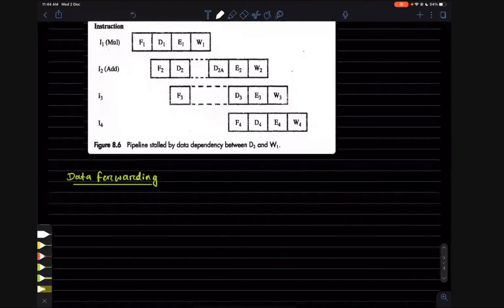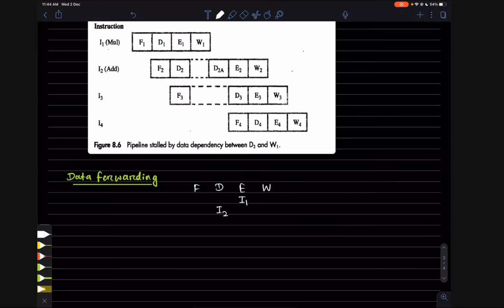Okay, so let's take one example. In data forwarding, what will happen is very simple. Instruction 1 is in the phases fetch, decode, execute and write. Suppose instruction 1 is here, instruction 2 is here.